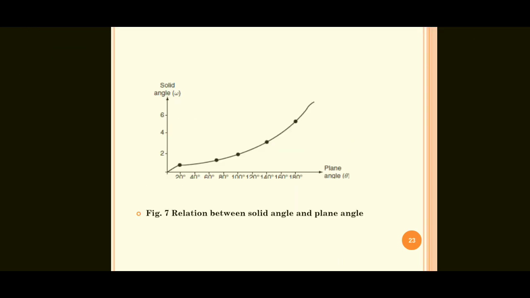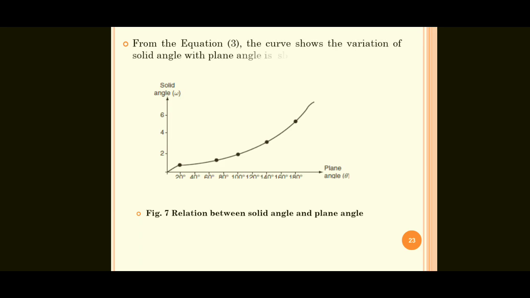So next one. From equation 3, the curve shows the variation of solid angle with plane angle. So the relation between solid angle and plane angle, figure 7 shows that.